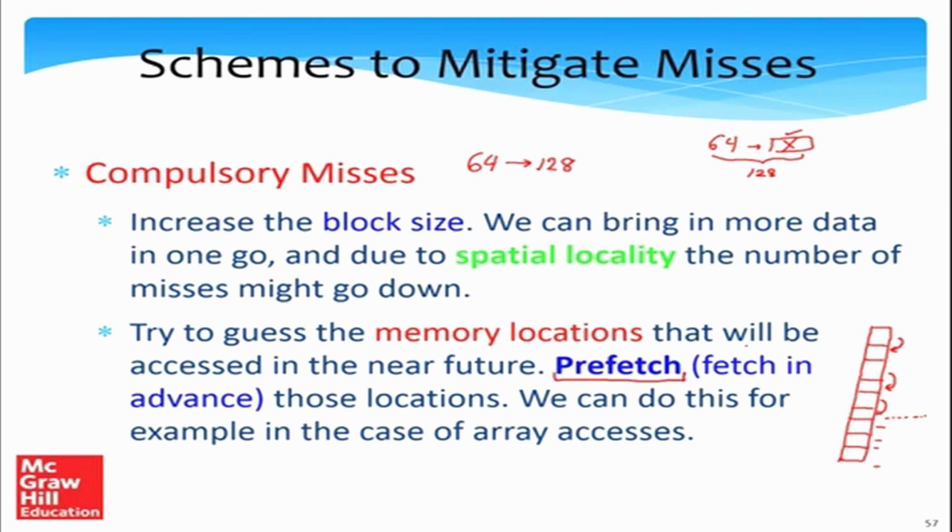Prefetching means guess, predict what you will access in the future, and fetch the data from the lower levels of the memory system, which means that if we have an L1 cache and we have an L2 cache, and we have a small prefetching circuitry over here, it can look at all the accesses that are going into the L1 cache and on the basis of that make a guess of what kind of accesses are required.